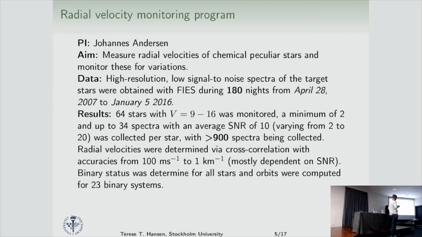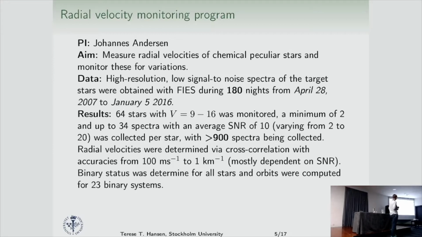So we need to get their radial velocities, and we need to monitor these to see if they vary over a period of years. And Johannes and Birgitta started this project in 2007.